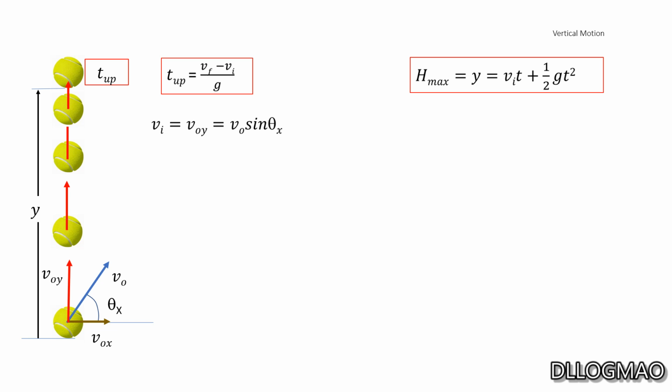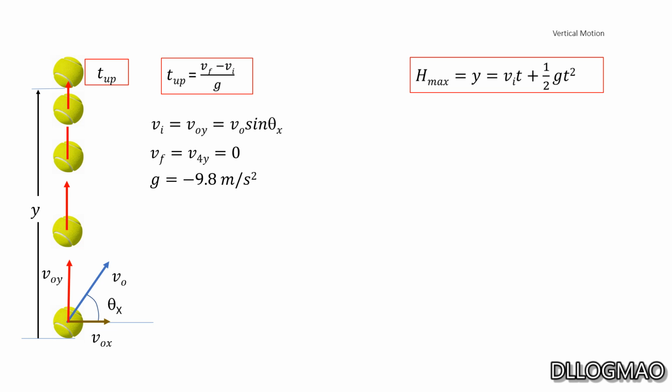Note that the initial velocity of the projectile is v sub 0 along the y-axis, which is equal to v sub 0 times sine theta sub x. And the final velocity v sub f is equal to v sub 4y, or the vertical velocity of the projectile at the highest point of the trajectory, which is 0. The acceleration due to gravity is negative 9.8 meters per second squared.